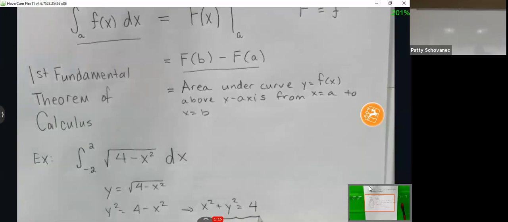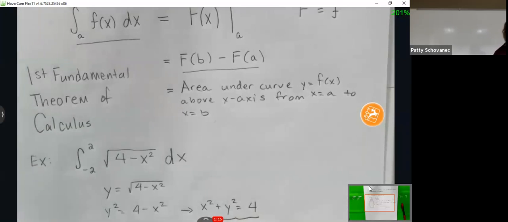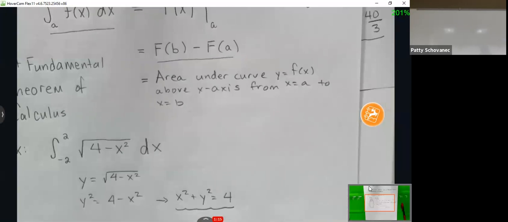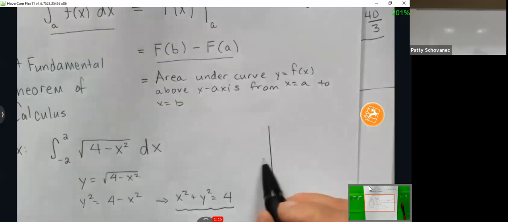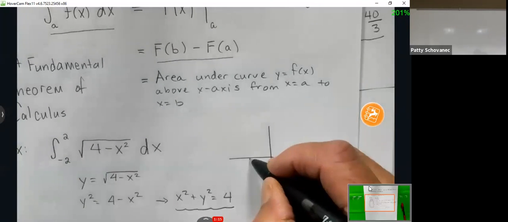That you recognize, right? x squared plus y squared is 4. That's a circle centered at the origin of radius 2. When I take the positive square root, then I'm only looking at the top half of the circle centered at the origin of radius 2.